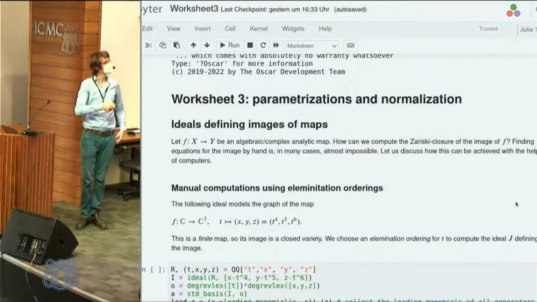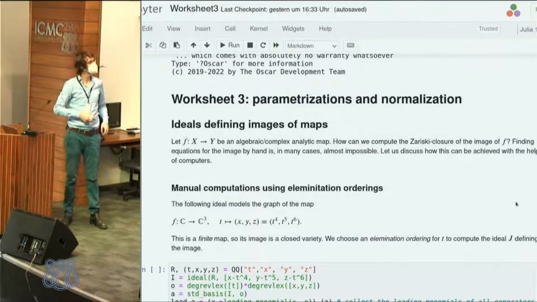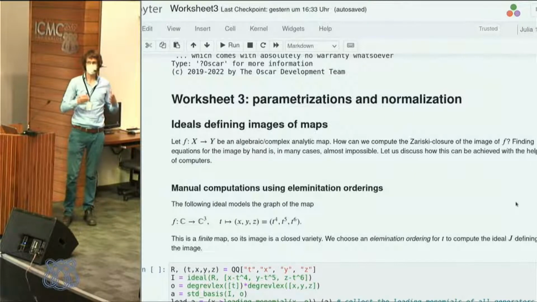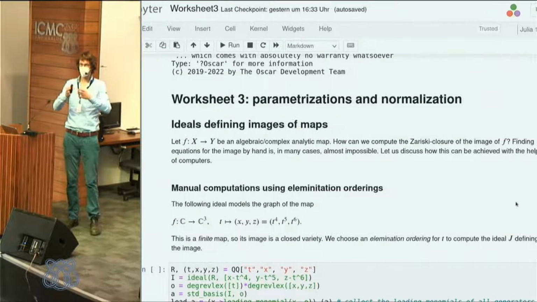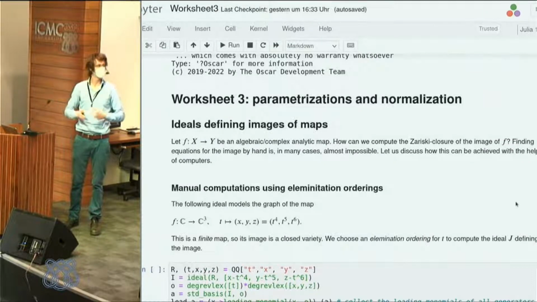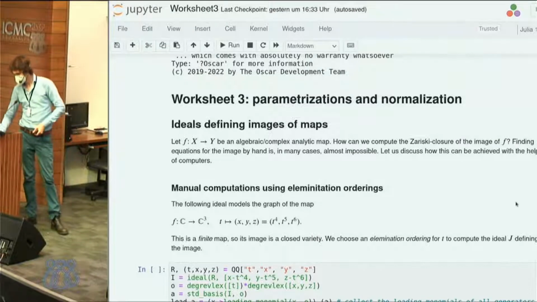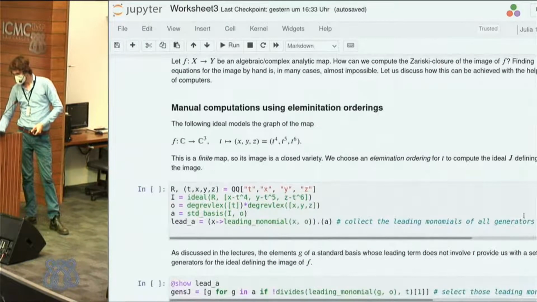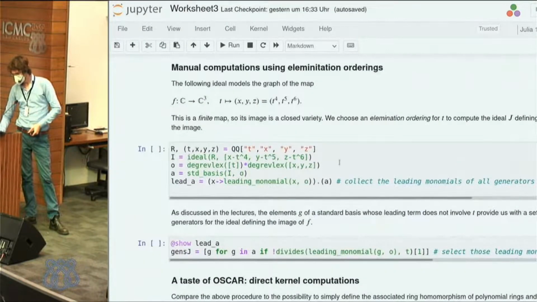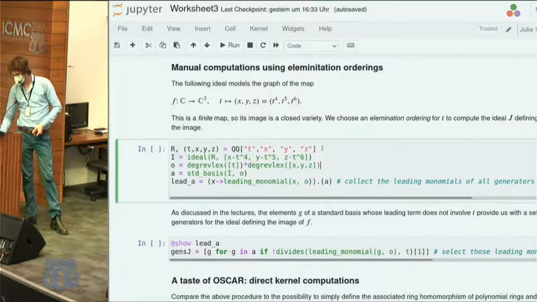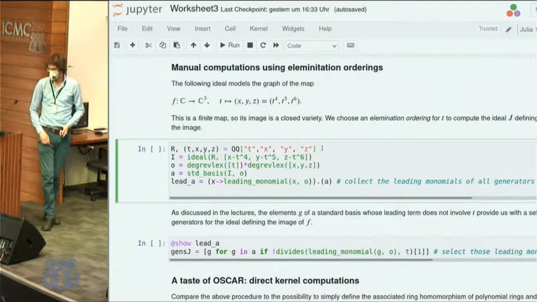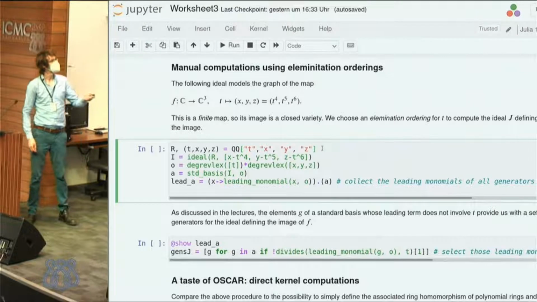So t to the 4, t to the 5, t to the 6. And we need the graph of that map. That means we need to form the ring of the ambient space of the graph. We need to put all the variables in one big pot and start from there. And this is done in the first cell. Let's go through the commands here. It's what Anne had just described.